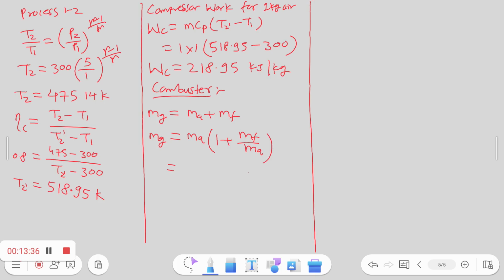So ma is how much? 1. Now air fuel ratio is 60, so fuel air ratio is 1 by 60. So we will get 61 by 60, kg per kilojoule.